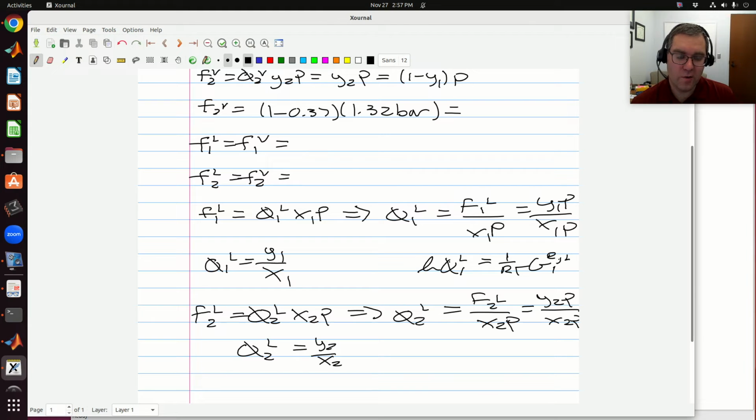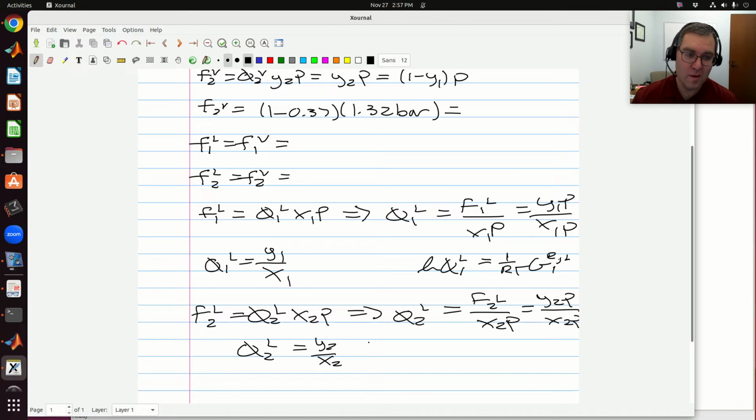So if the fugacity coefficient is greater than 1, I'm going to end up with the residual Gibbs free energy of component 1 in my liquid being greater than 0. Whereas in the gas phase, the residual Gibbs free energy was equal to 0.